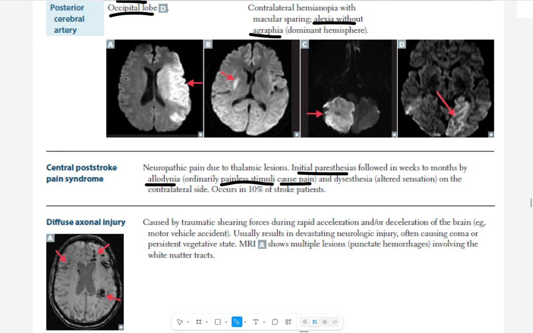Someone just touches you a little bit and you say, oh my God, this is so painful. And then there's dysesthesia, an abnormal, unpleasant sensation, on the contralateral side. It occurs in 10% of stroke patients, right? The patients may say something like, even my shirt touching my arm hurts.